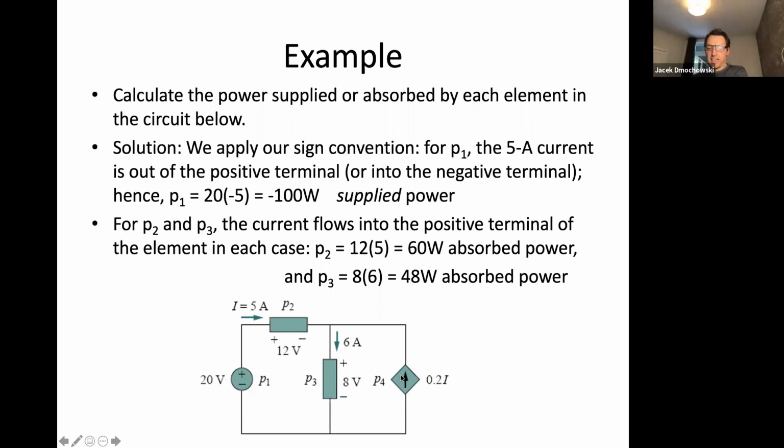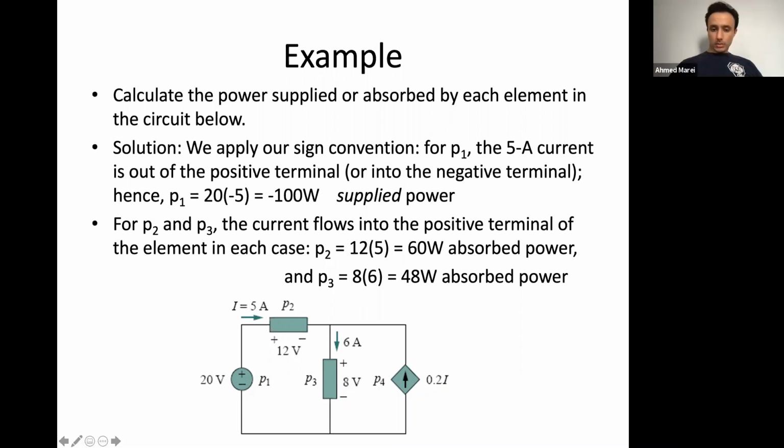But we know that P3 is sitting at 8 volts. It's given to us. And so P4 also has to be equal to 8 volts.